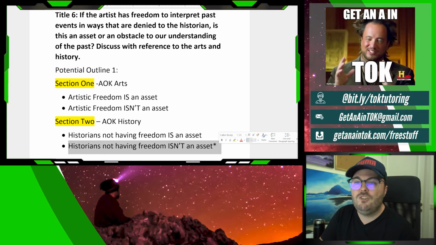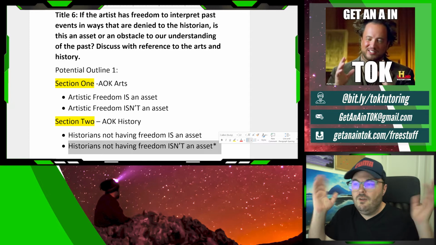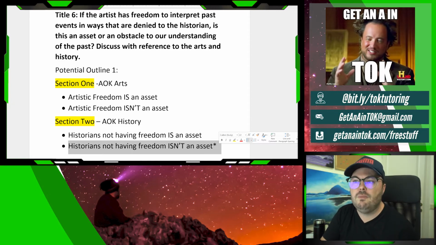And so they might be too rigid. We might not have any idea, and maybe that's why we don't know. That's why history doesn't matter. That's what some people think. So this would be an AOK-focused organizational structure. This is really simple. It's easy to do. You could flip it. You could have the 3rd section there, which is comparison, but this is really easy to do. And if you're really struggling with TOK, this is probably the one that you want to do.